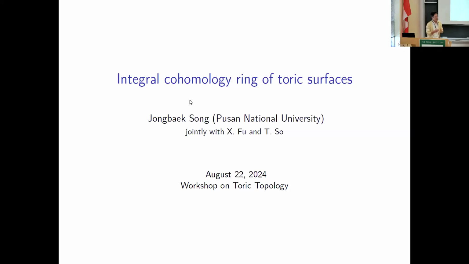But there is a chance to deal with it, because it is a singular variety with at worst orbifold singularities. So there is a chance to attack this question. This is my joint work with Shin Fu and Larry So.